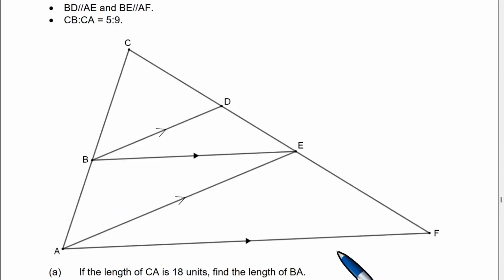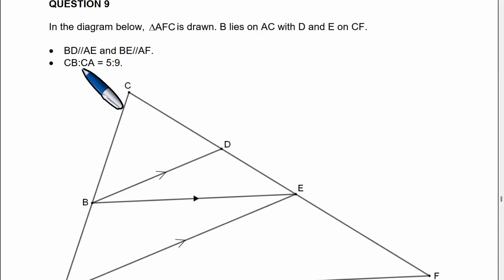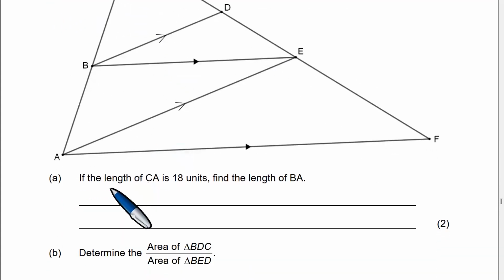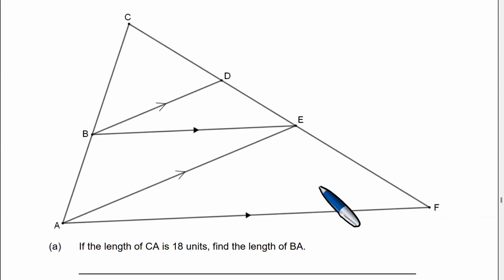The ratio of CB to CA is 5:9. The length of CA is 18 units. Find the length of BA.